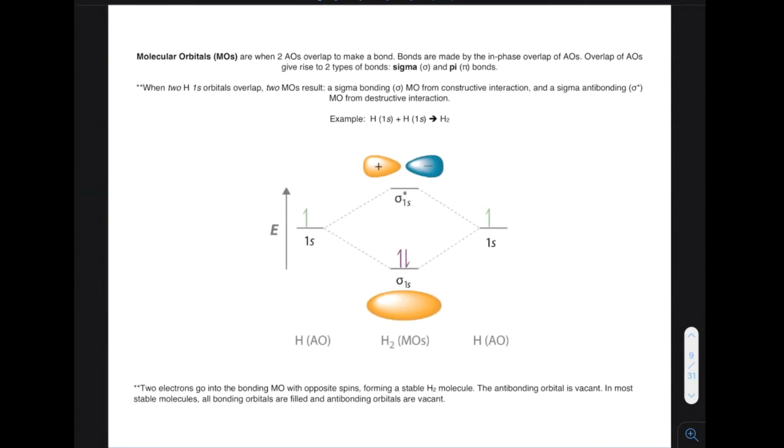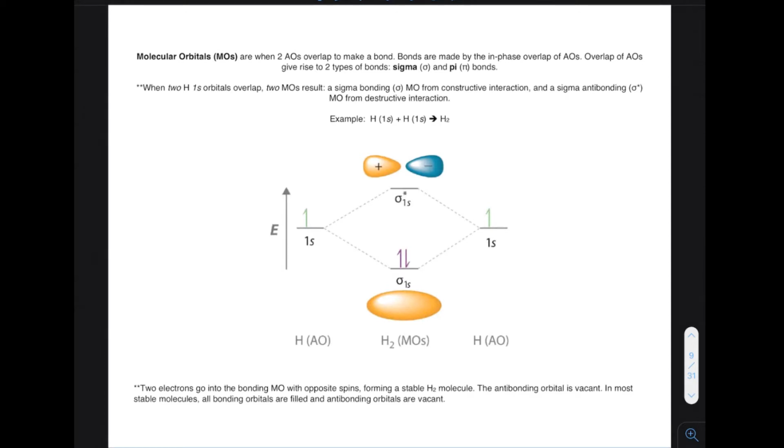Molecular orbitals are when two atomic orbitals overlap to make a bond, and bonds are signified by the in-phase overlap of these atomic orbitals. Overlap of atomic orbitals gives rise to two different types of bonds: sigma bonds, or single bonds, and pi bonds, or double bonds, as you've probably more commonly heard it referred to.